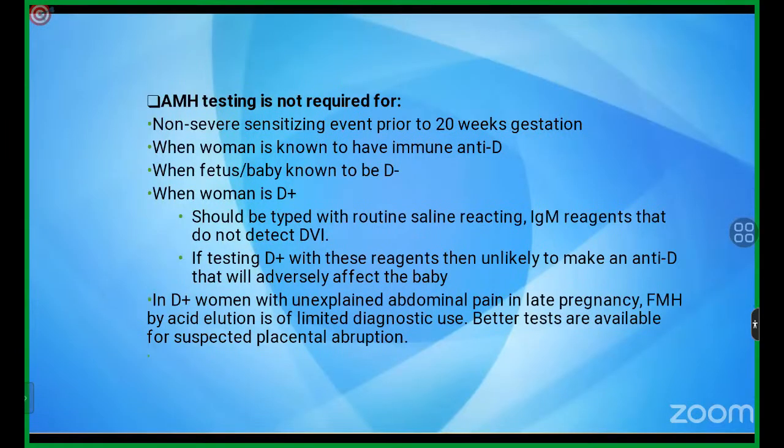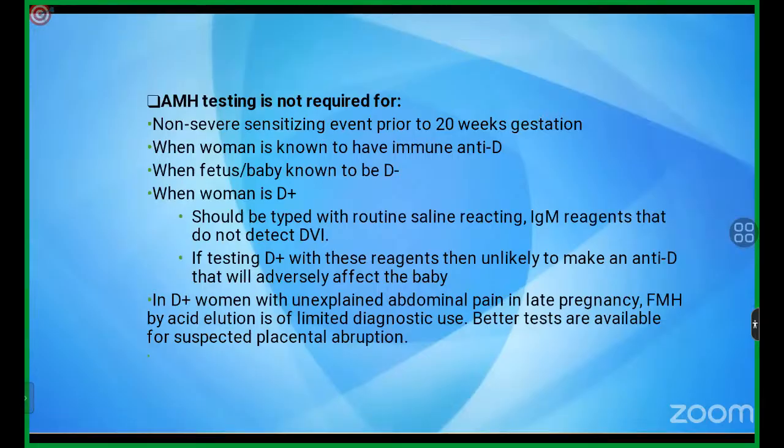As I started mentioning, if we have to consider the KB method in FMH, first of all, we have to ascertain that the woman is rhesus negative and the baby is rhesus positive.